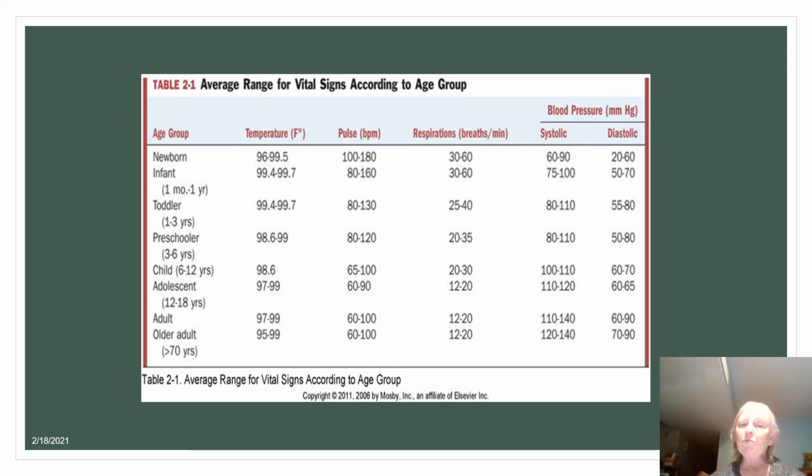So here's some average range for vital signs, and you can see with the newborn all the way up to the older adult. And in this case, this range went up to greater than 70. One of the things that we're going to talk about, especially with our people of age, is as they get older, their temperatures go down, all right? Why is that important?